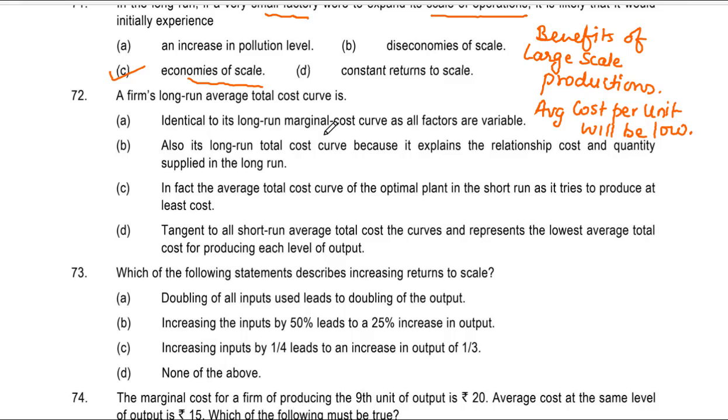C. In fact, the average total cost curve of the optimal plant in the short run, as it tries to produce at least cost. Or D. Tangent to all the short run average total cost curves, and represent the lower average total cost for producing each level of output.